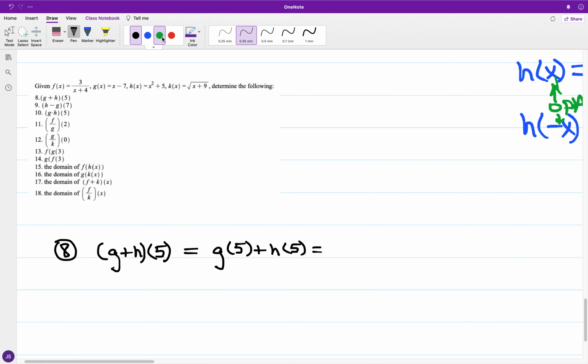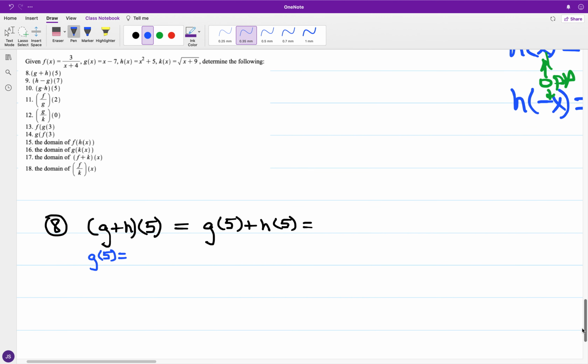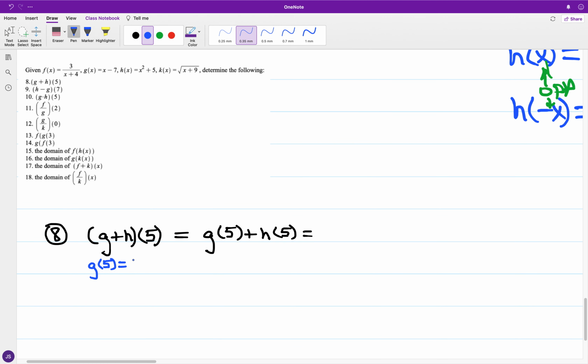And we can go ahead and specify the values. With g of 5, you have g of x equal to x minus 7, so g of 5 is equal to 5 minus 7, which is negative 2.